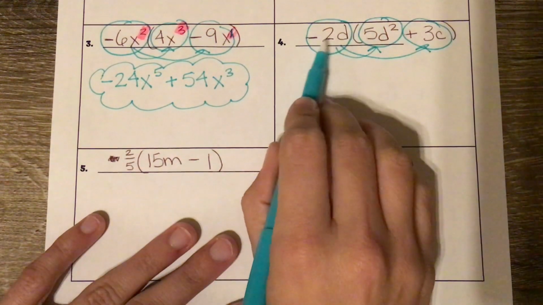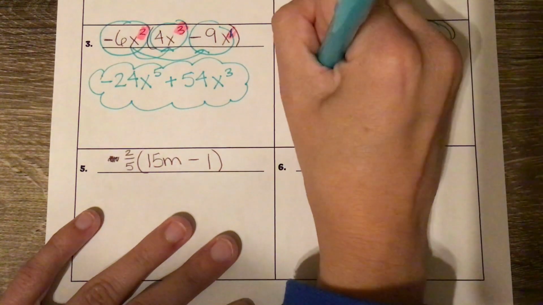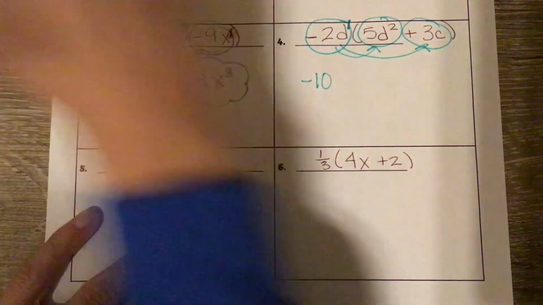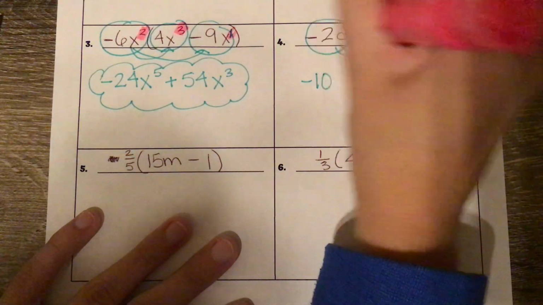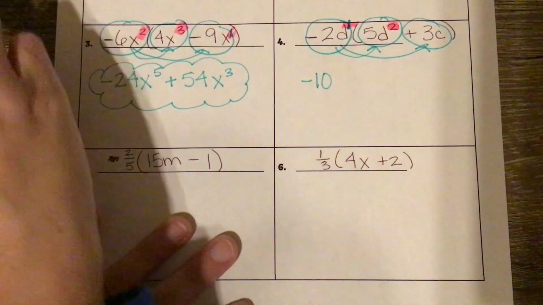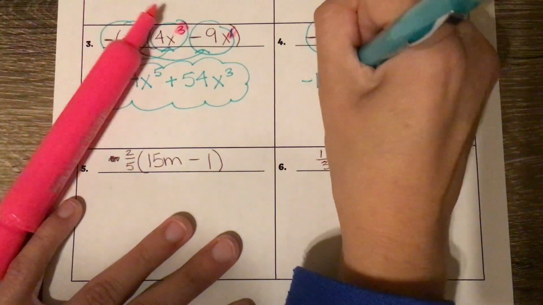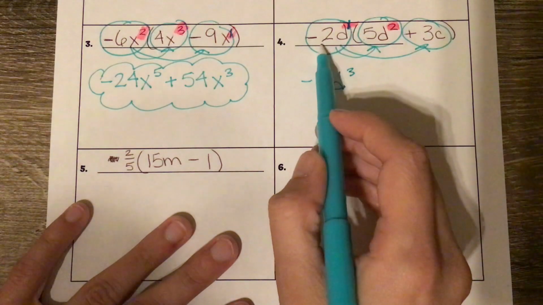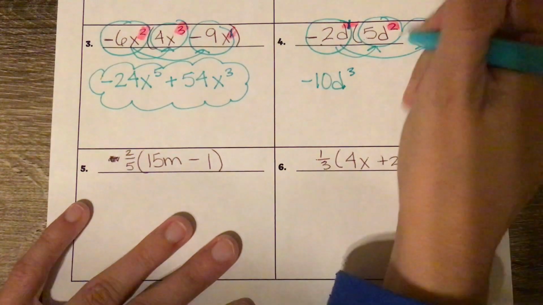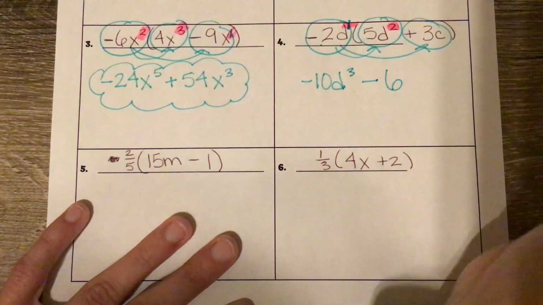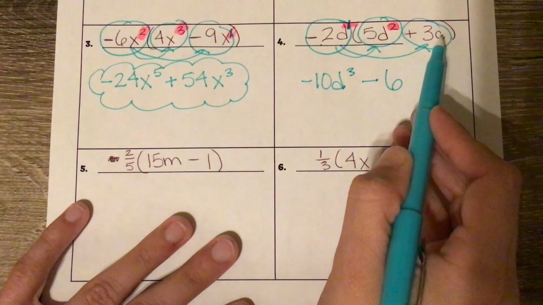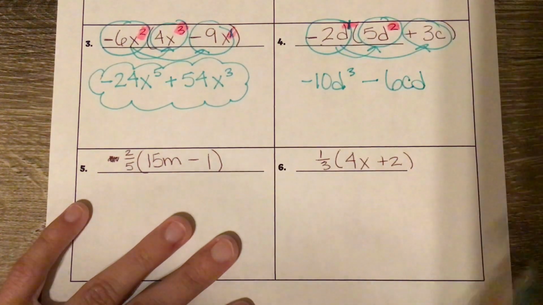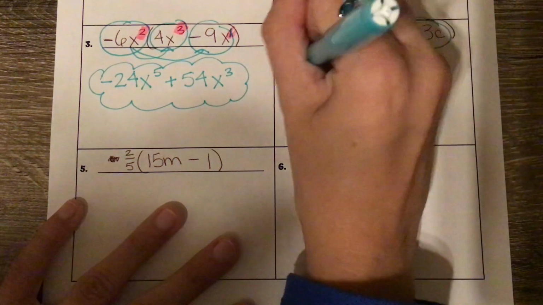So -2 times positive 5 is -10. d to the first times d to the second, 1 plus 2 is d to the third. And then over here, -2 times positive 3 is -6. And then we have d and c. Those aren't the same variables, so they can't be combined. So I'm just going to write them next to each other in alphabetical order.